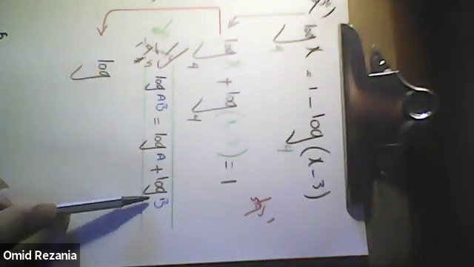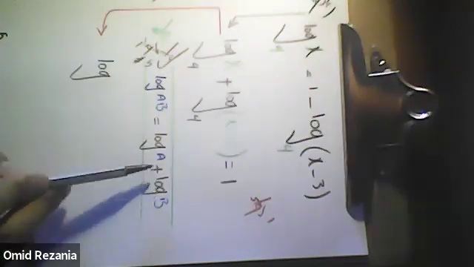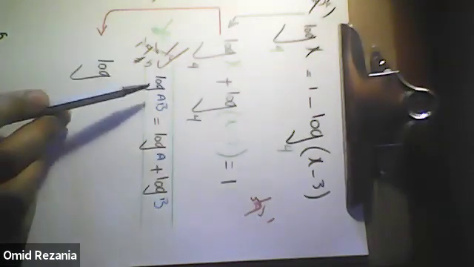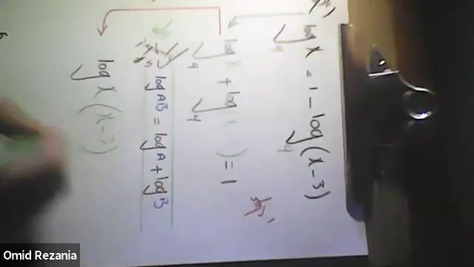I'm moving property number 5 from right to left. I have two log functions summed. It becomes one log function, which is the product. That means they are multiplied. Does it make sense, guys? Then it becomes x times x minus 3.